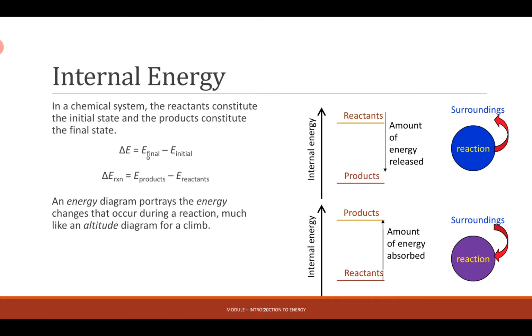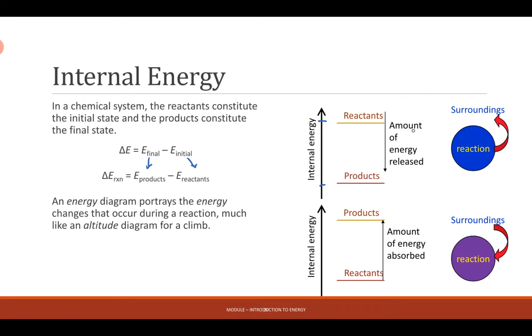Final is the products' energy, and initial is the reactants' energy. So this energy diagram here is kind of like showing the altitude of things. It's showing you the initial and final energy, like what altitude did you climb during a reaction or not.